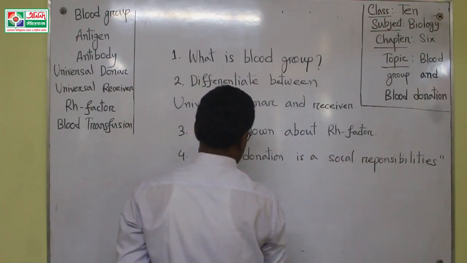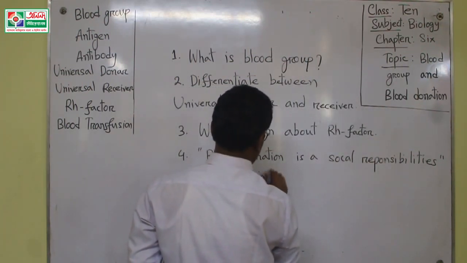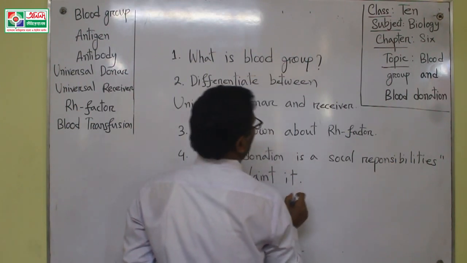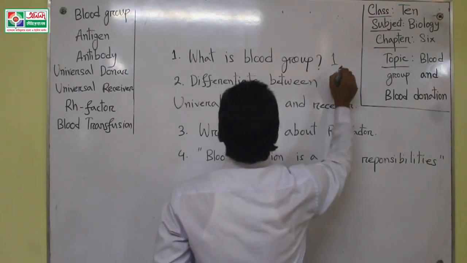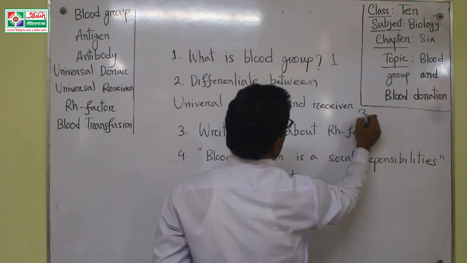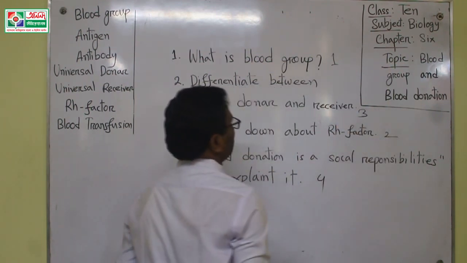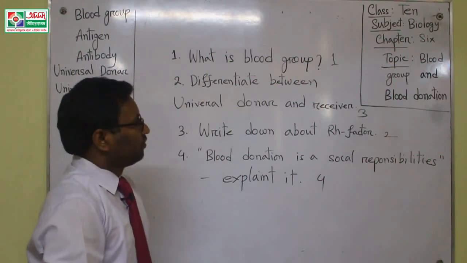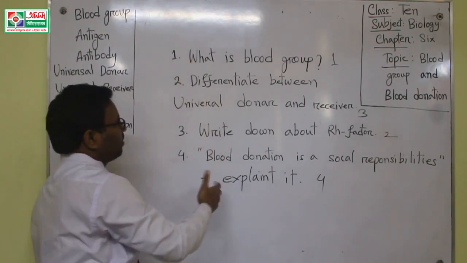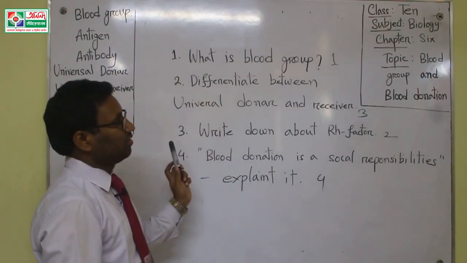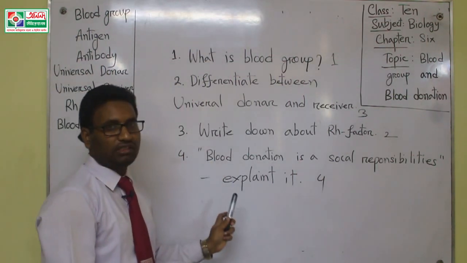Explain it. This is 1 mark, this is 3 marks, this is 2 marks, and this is 4 marks. This is your homework from this lesson, that means blood group and blood donation.